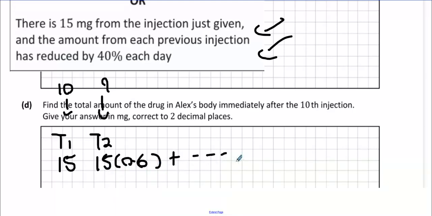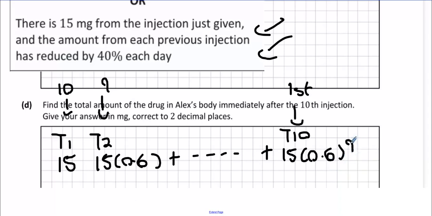And then plus dot dot dot. T10 is actually your first injection, because it's there in your system for 9 full days, and that's what we're looking to get the total of.